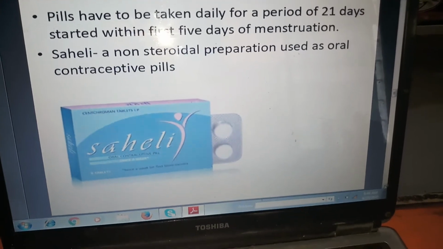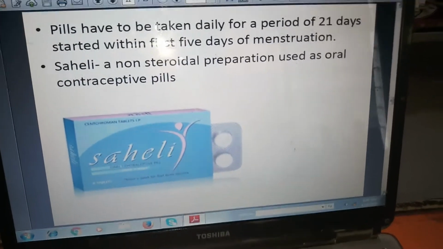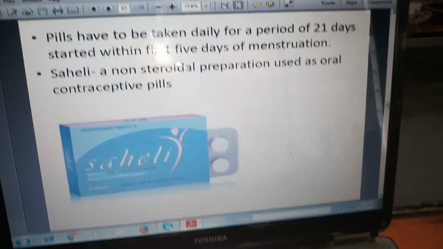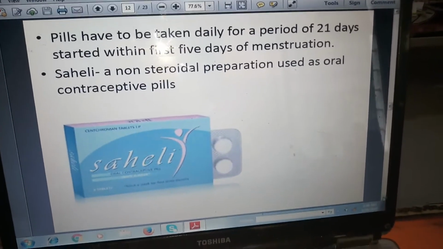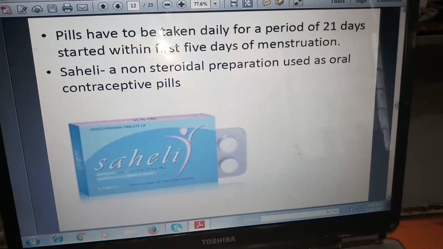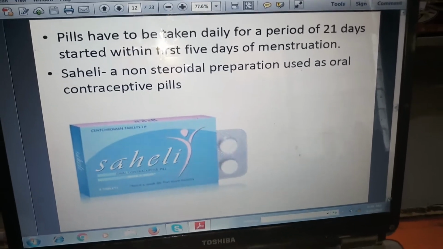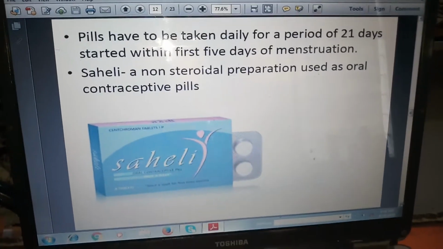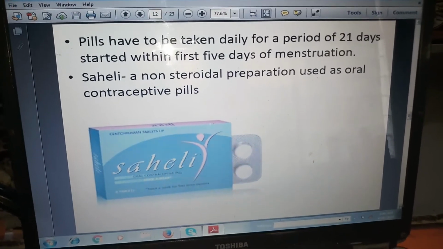Saheli is a popular oral contraceptive. As you can see here, this is the Saheli tablet. It is a non-steroidal preparation used as an oral contraceptive. A question may be asked to name a non-steroidal oral contraceptive, then you can remember this name, Saheli, used by women as an oral contraceptive.